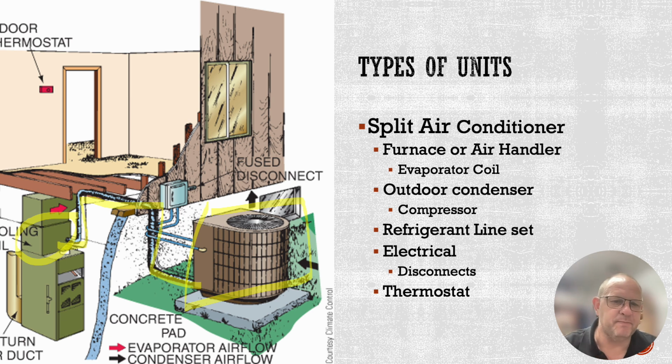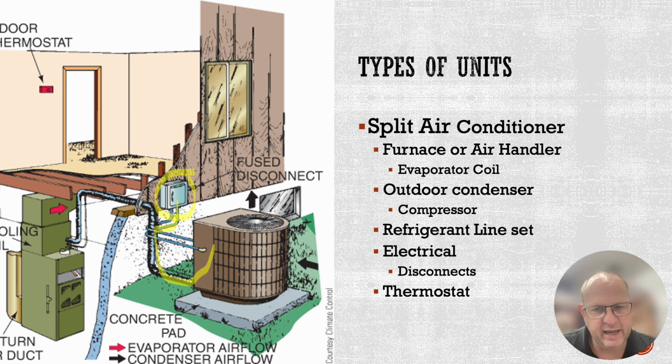Electrical disconnects, as seen right here, is our electrical disconnect. It's sitting on the outside of the building, and it's located there. We will run our lines from that disconnect switch and down into our condensing unit, making sure that we're running that piece of electrical liquid tight connection with the line sets to make it look nice and neat for our customer.